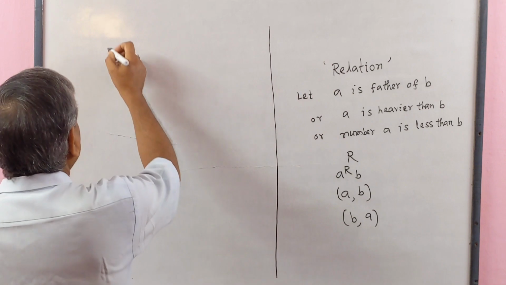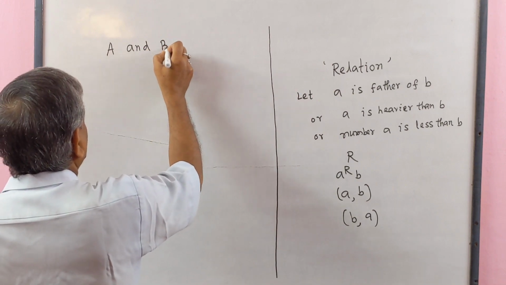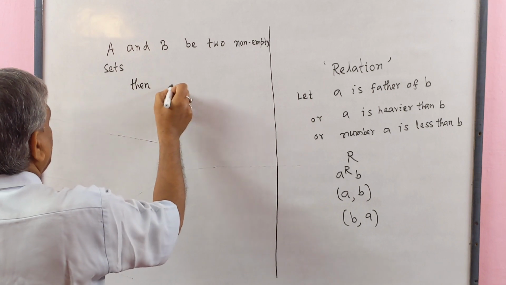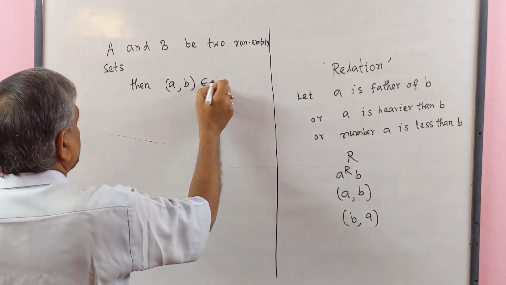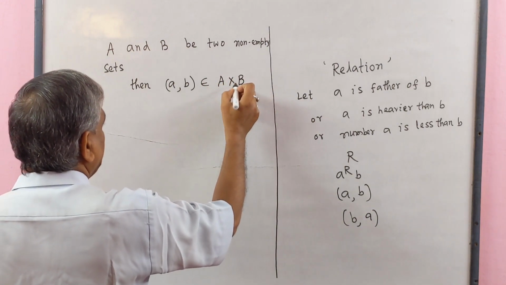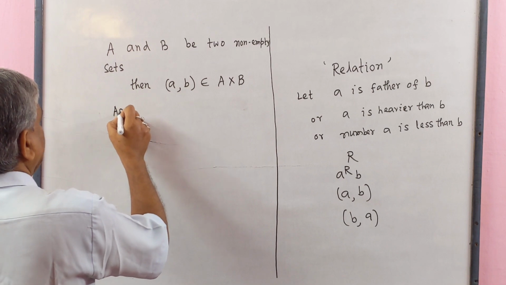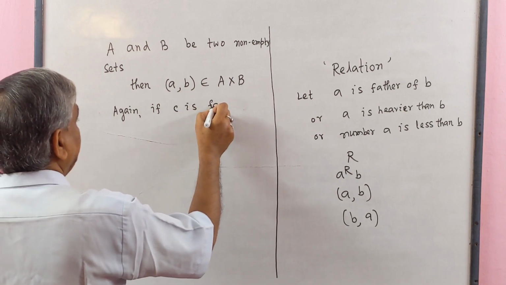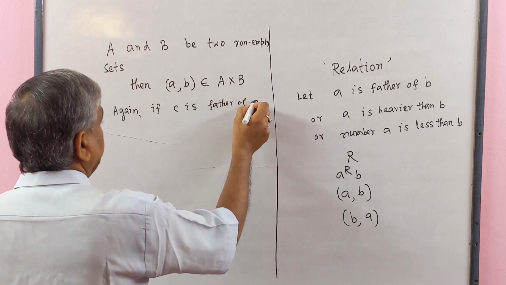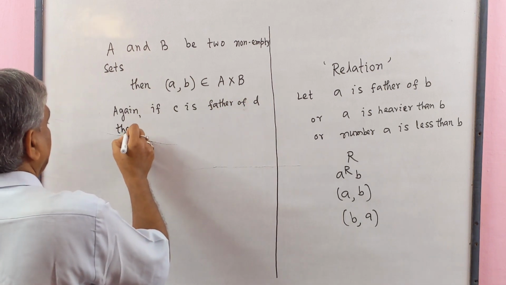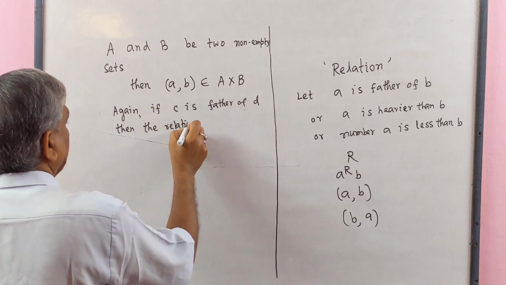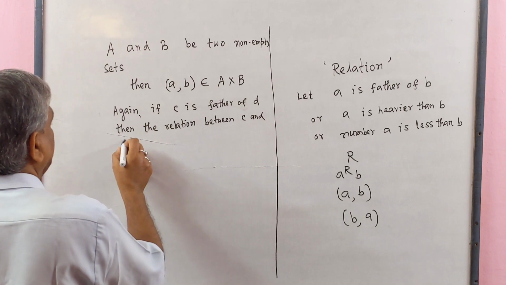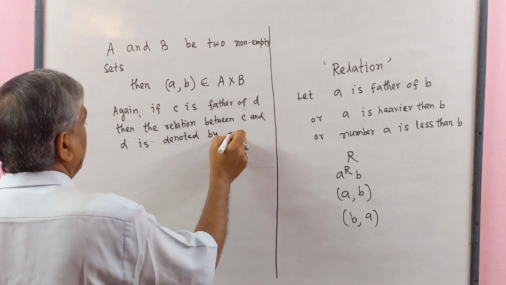So, if A and B be two non-empty sets, then the ordered pair AB belongs to A cross B, the Cartesian product of A and B. Again, if C is father of D, then the relation between C and D is denoted by the ordered pair CD.